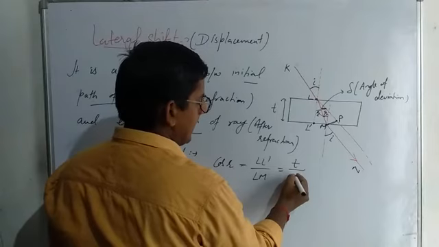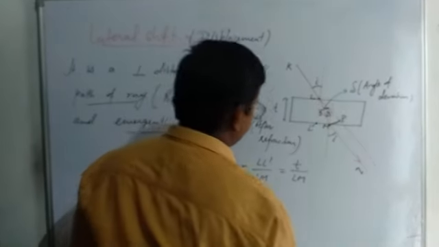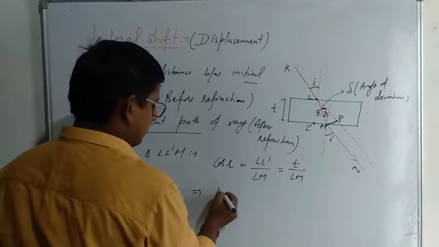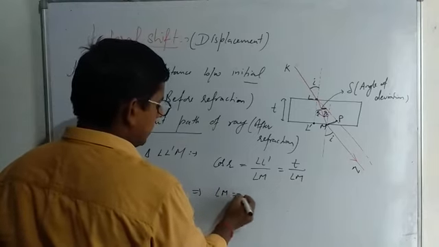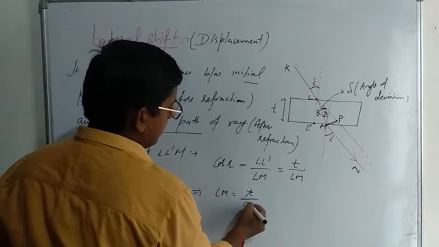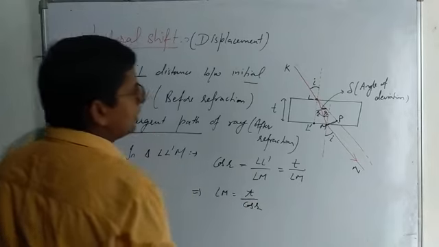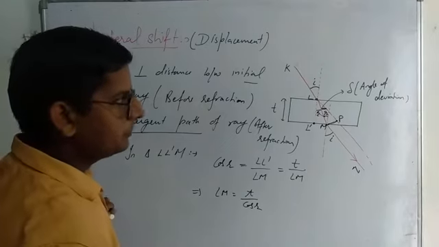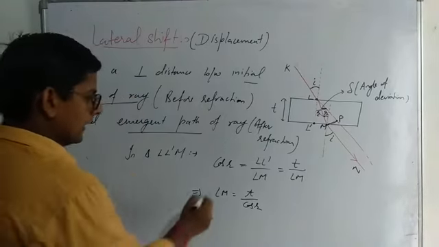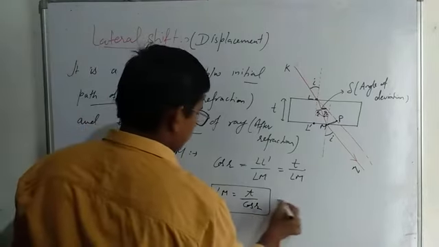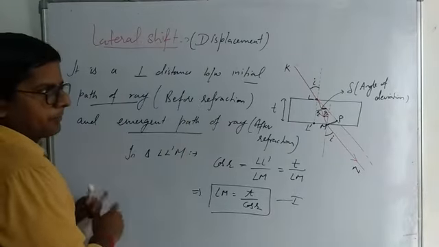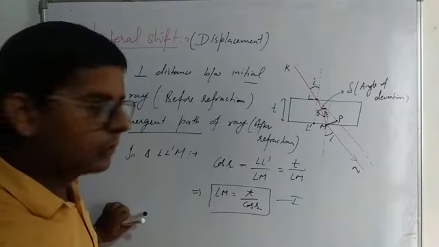So LM is equal to T over cos of R. Clear? Okay, let's say that is your first equation. Up to here I think no doubt to you.